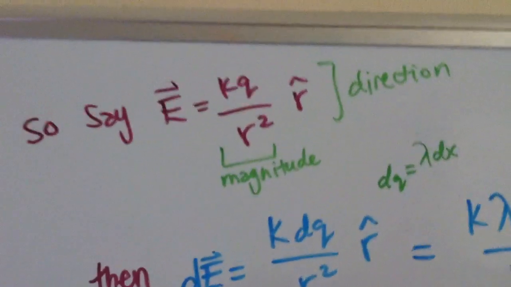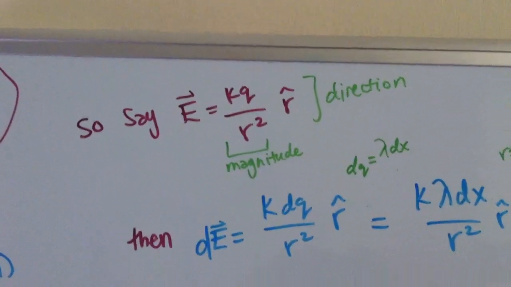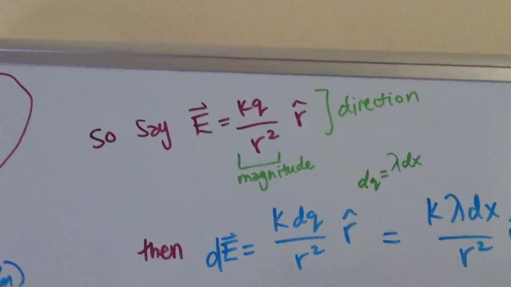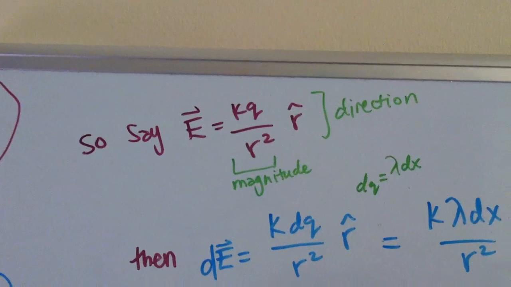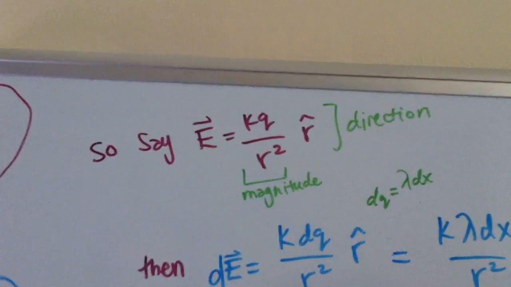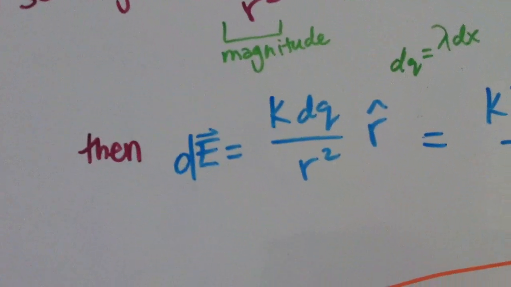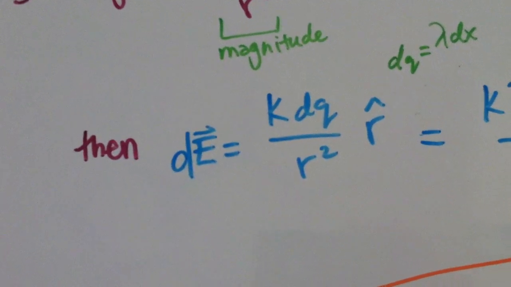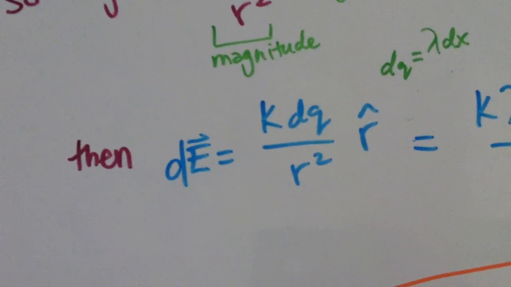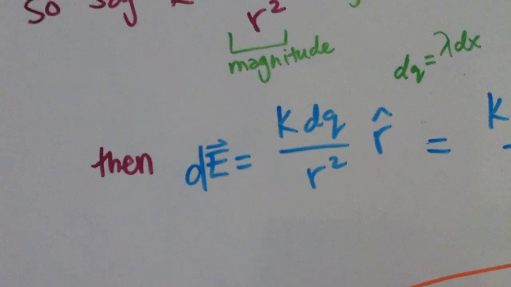So if we go up here, we can say the electric field equation is kq over r squared, where the first part is the magnitude and the r hat is the direction. Then we can say that our very small dE equals k times the very small charge dq divided by r squared times r hat.